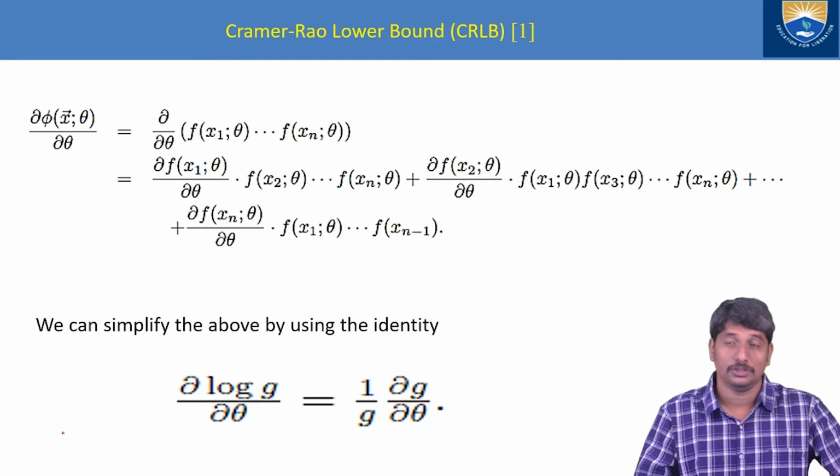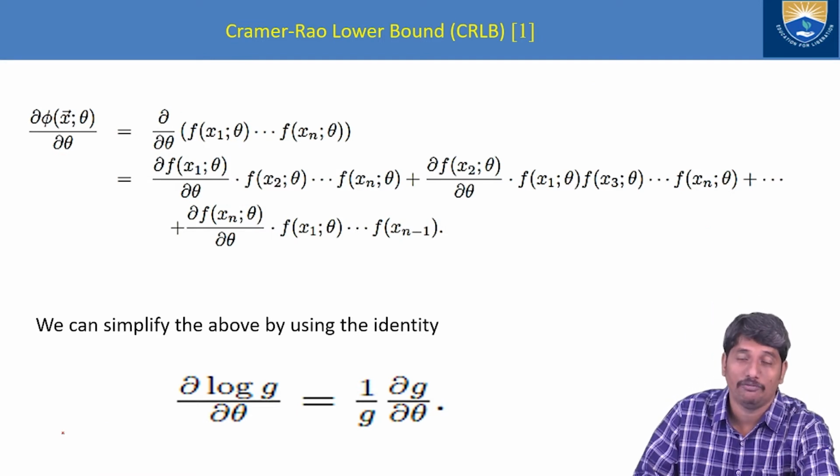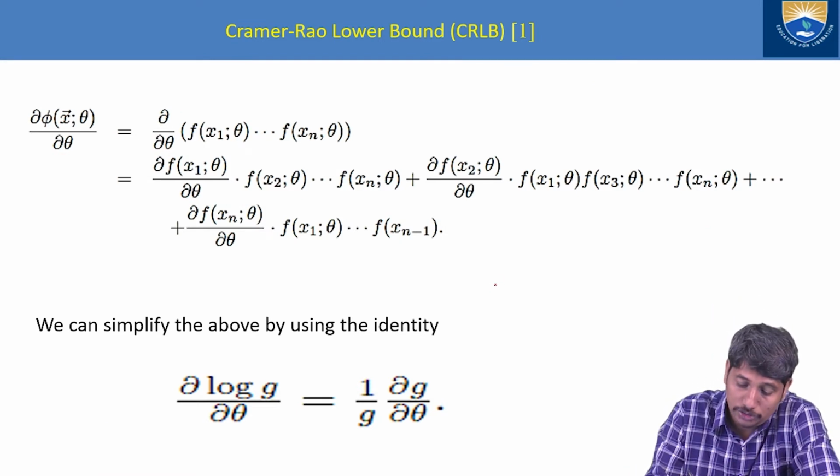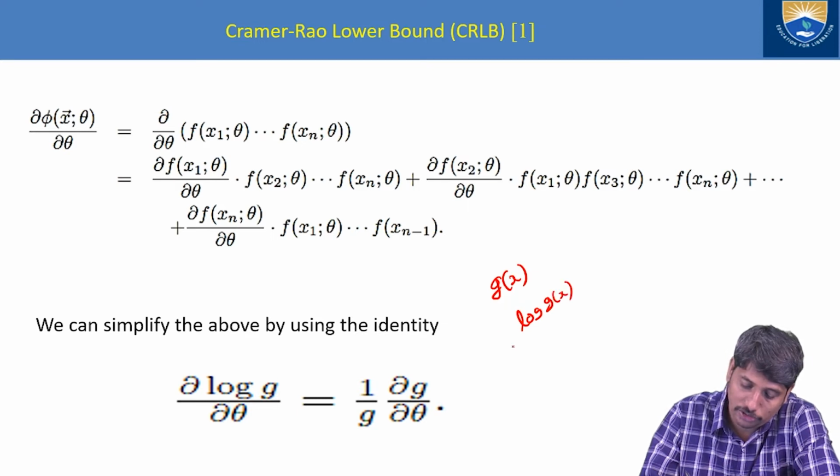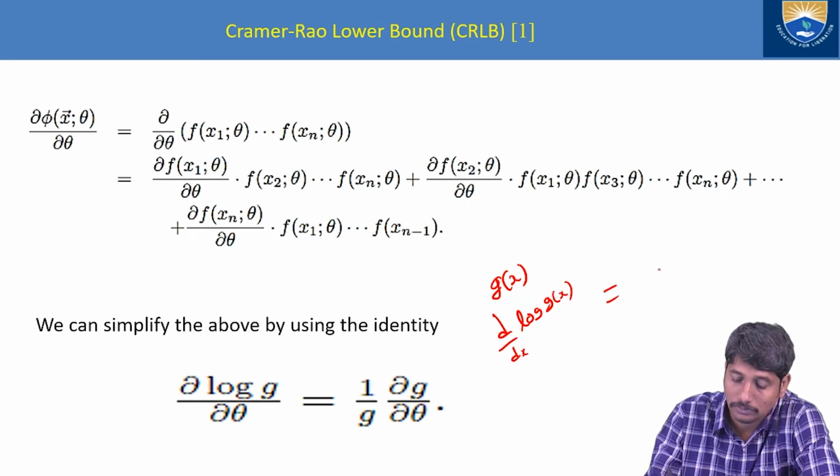We are going to use a simple mathematical formula from the chain rule. According to the chain rule, suppose g of x is a function. Then we want to calculate the derivative of log g of x. If you treat g of x as x, according to the chain rule, this will be the derivative of log x, 1 by x, into x's derivative, that is g dash x.